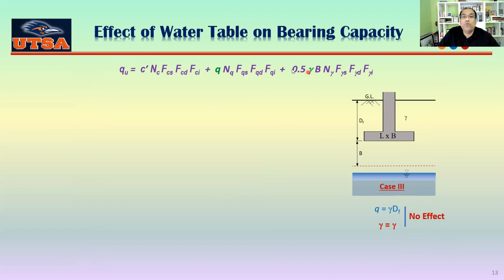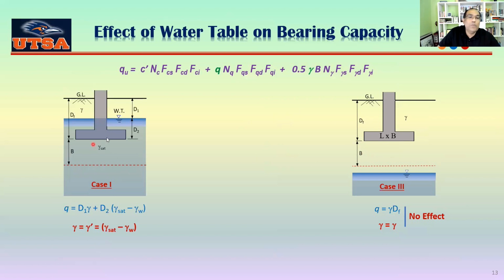So you don't have to change your q or gamma for this case 3. Okay, so case 3 is when your water is below the line drawn from the bottom of the foundation to a distance B.